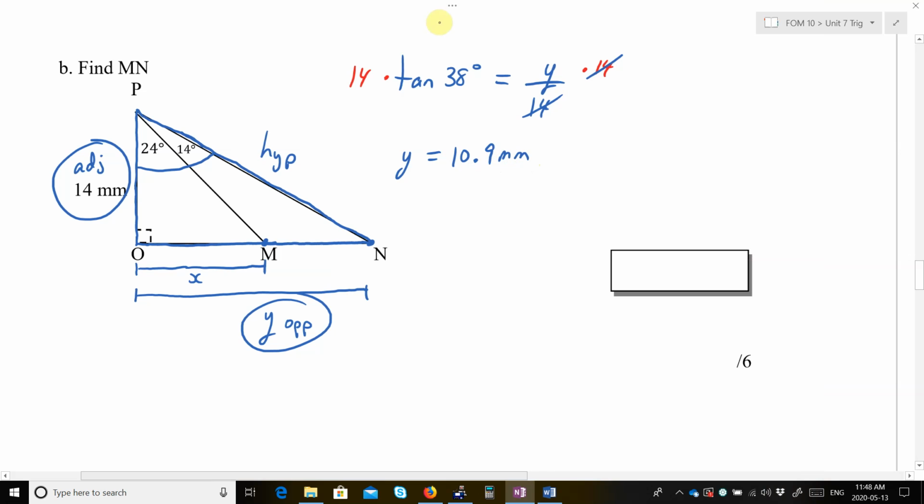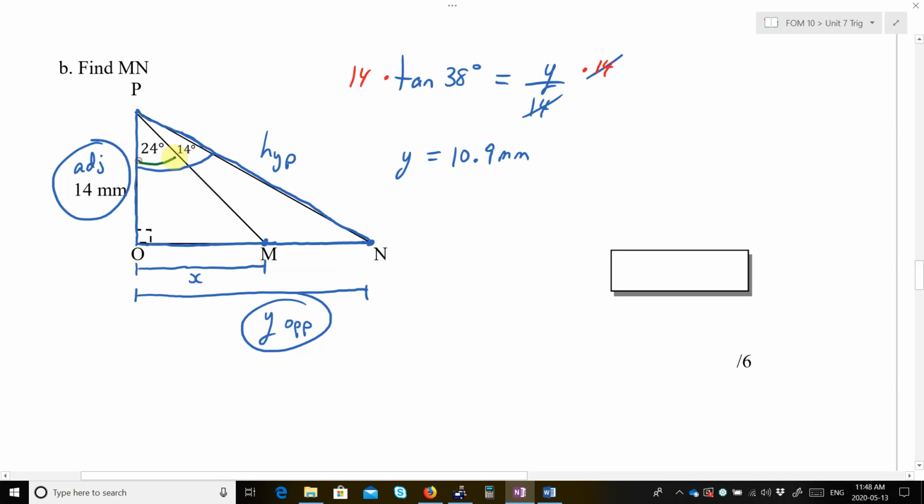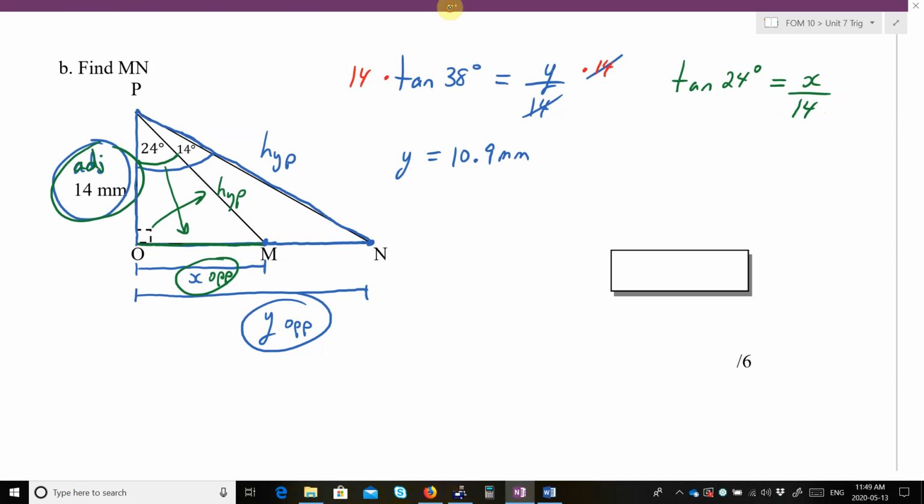Okay, and now let's figure out x. For x, we're just using the 24-degree angle, and the x is going to be the opposite side. Across from the 90 is the hypotenuse, which means this 14 will be adjacent again. So again, opposite and adjacent. So it would be tan of 24 degrees equals the opposite is x divided by the adjacent is 14.